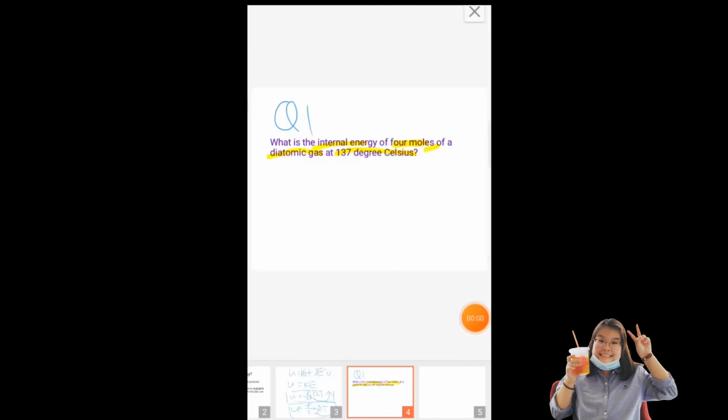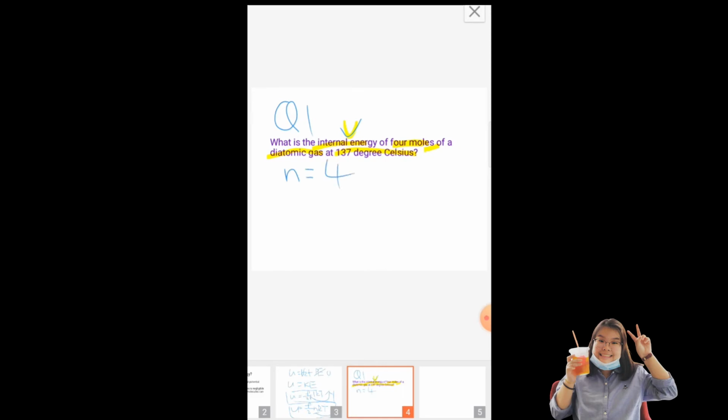So now let us proceed to question number 1. What is the internal energy of 4 moles of diatomic gas at 137 degrees Celsius? So first we need to take out the information that the question gave. Internal energy, they want us to find U. And then 4 moles, so n equals 4.